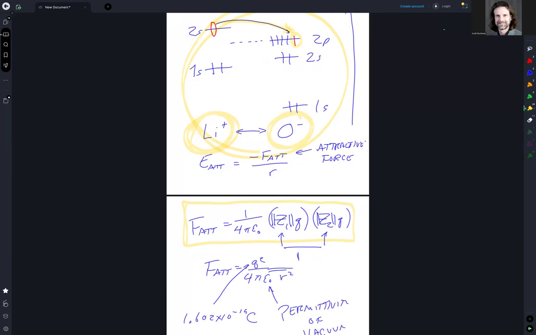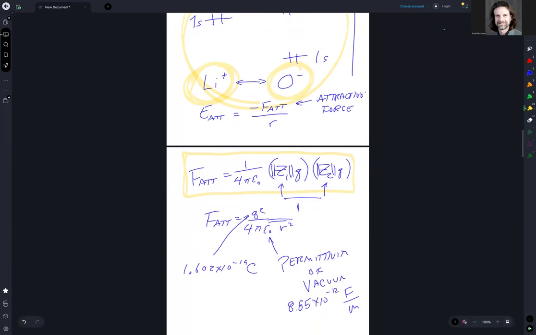Really going from simple Coulomb attraction to a large scale crystal becomes a little bit more complicated because you're dealing with infinite sums of long range positive and negative charges. But for here, it's sufficient to discuss in this fashion.